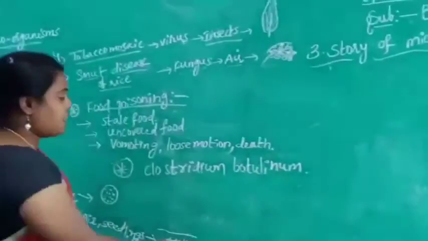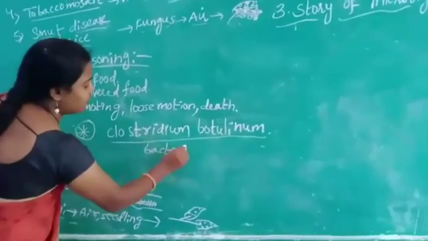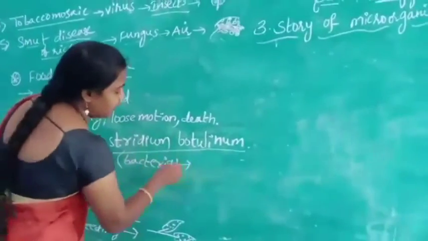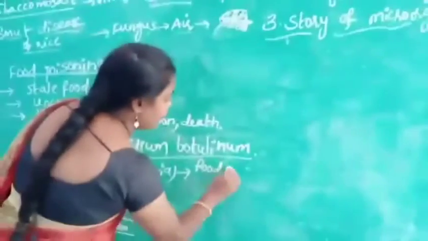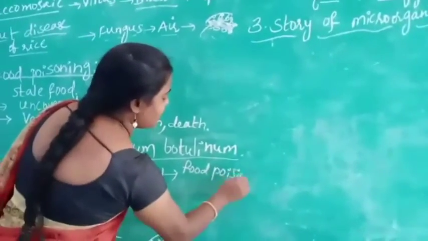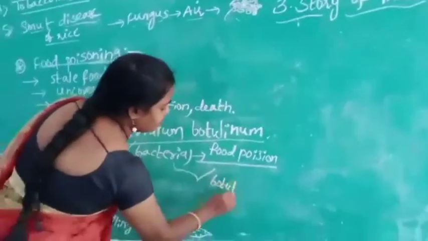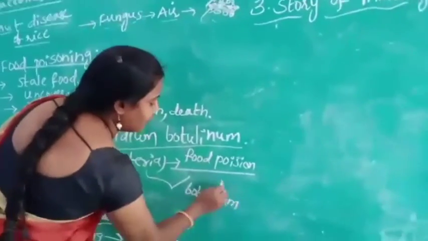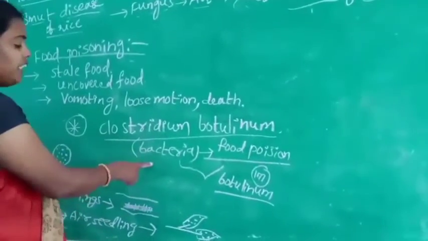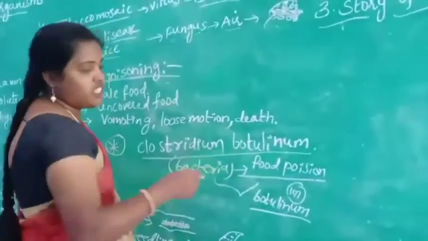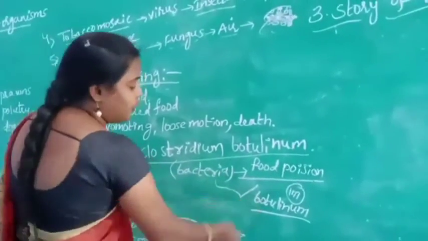Okay, Clostridium botulinum is a bacteria which is responsible for food poisoning. Very important, one more question: what is called botulinum? The bacteria Clostridium botulinum is responsible for food poison. This process is called botulinum.